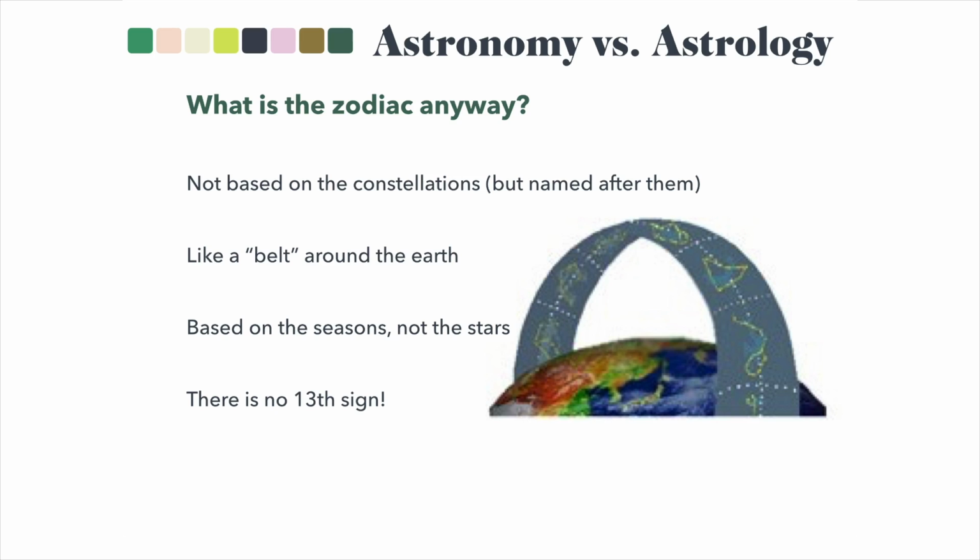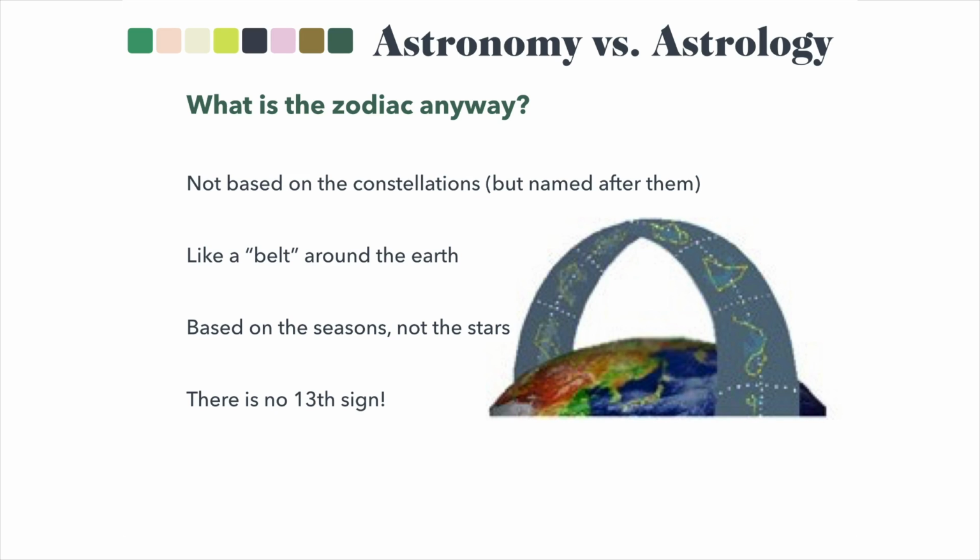It begins with Aries, which begins the zodiac. And the thing that's confusing is that each of those segments of the sky is named after a constellation, but it is not based on where it is. So your zodiac sign has not changed. Just wanted to make that clear.